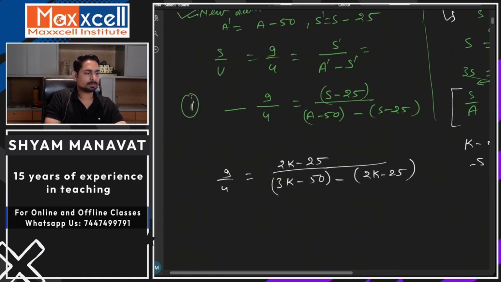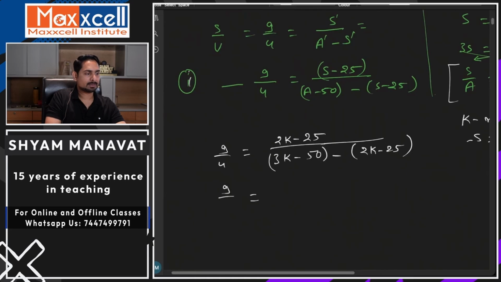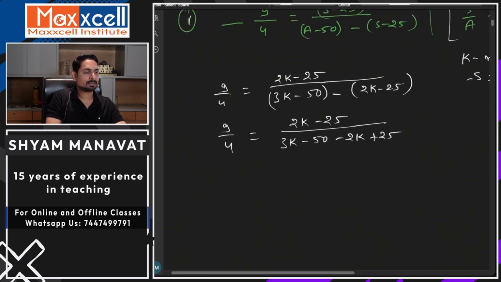Now what we'll do, we'll open the bracket. So here you got 9/4. Here you have 2k minus 25 by, simplify karo, 3k minus 50 minus 2k plus 25. सिंप्लीफाई करते हैं, क्या आ जाएगा बताओ. 2k minus 25 by k minus 25.